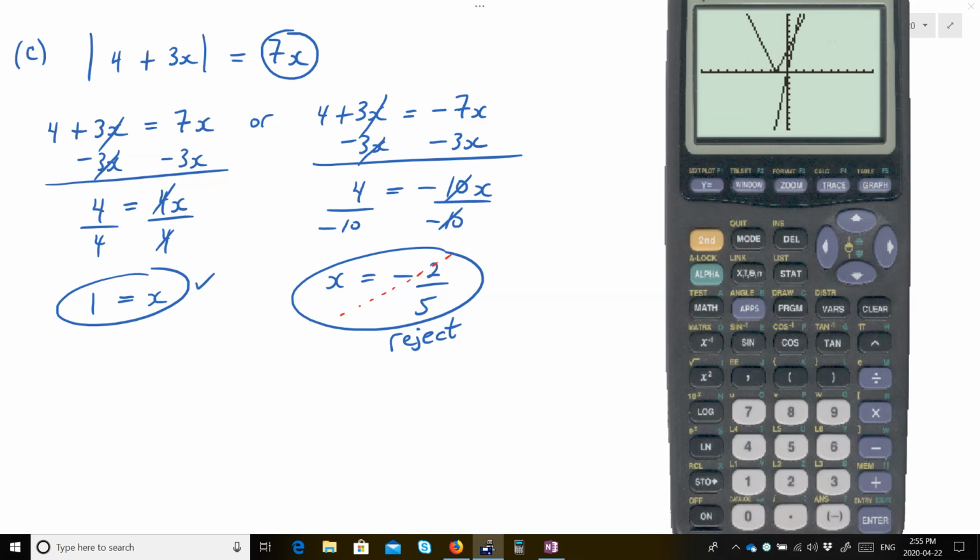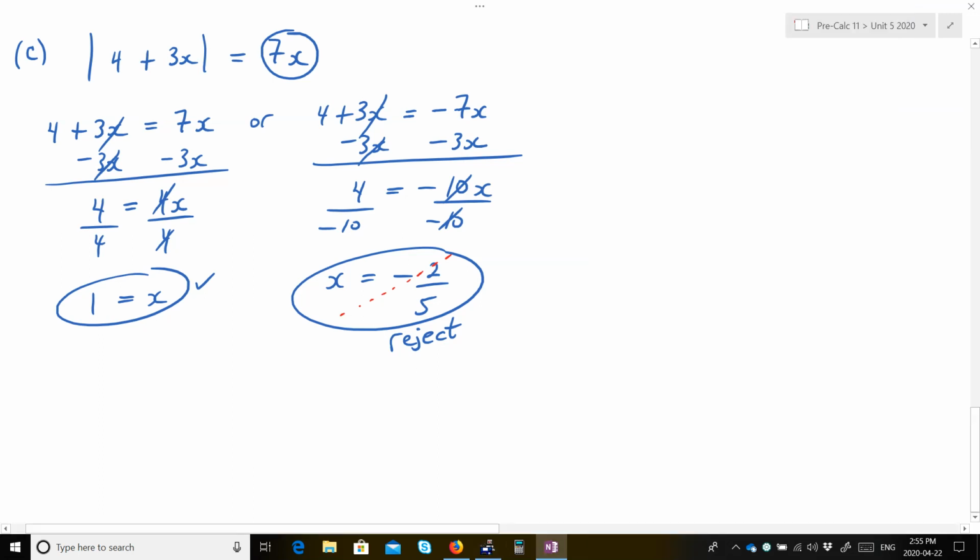Okay, and there you can see there's just that one solution at x equals 1. If I do the intersect feature and I go close to that intersection, enter, enter, enter, x equals 1, perfect, which is what we got. Okay, so that's how you do letter C.